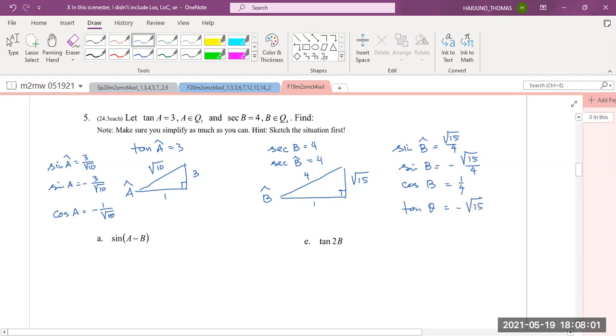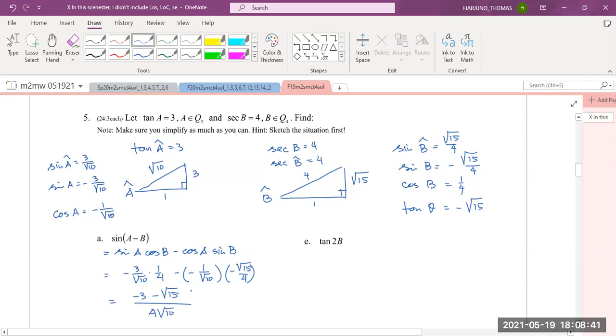Okay, let's see. Part A. What is sine A minus B? That's sine A cosine B minus cosine A sine B. It's negative 3 over radical 10, times cosine B, which is 1/4, minus cosine A, which is negative 1 over radical 10, times sine B, which is negative radical 15 over 4. This is negative 3 minus radical 15 over 4 square root of 10.